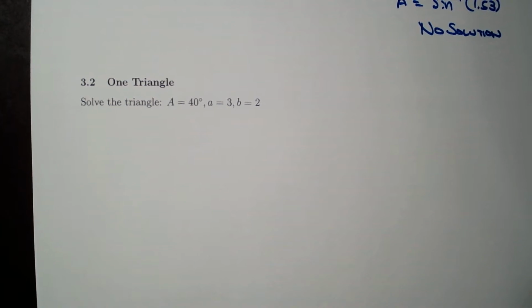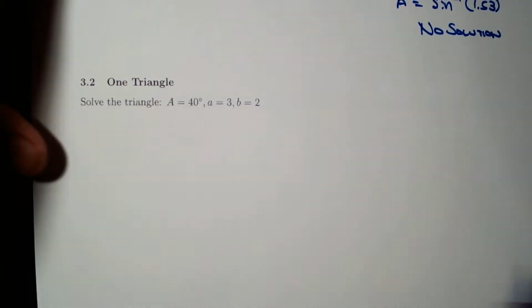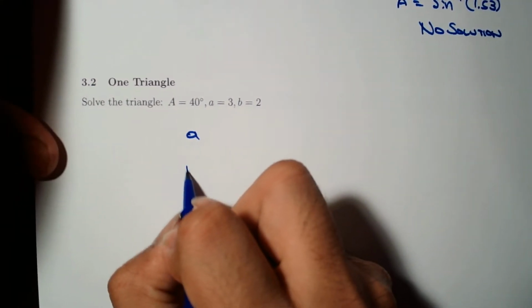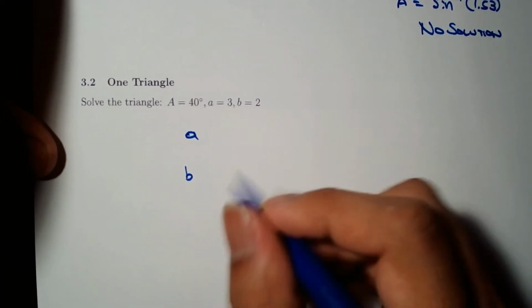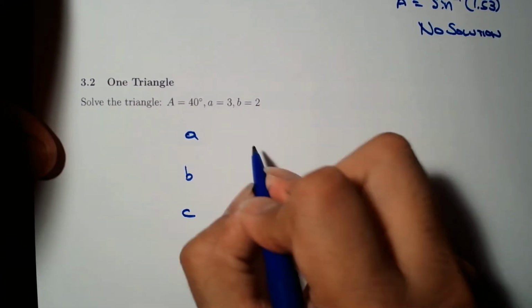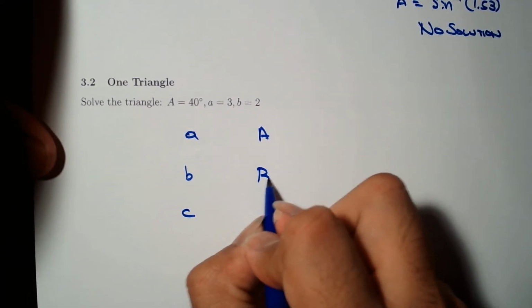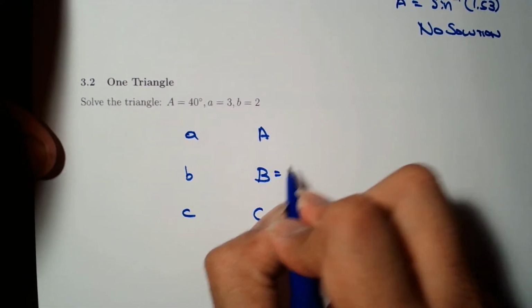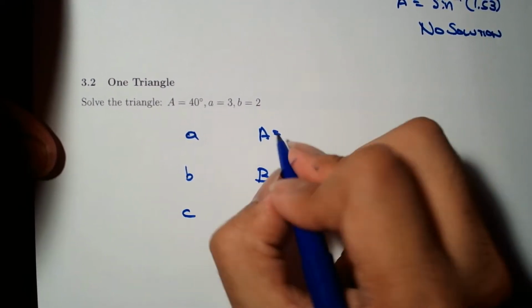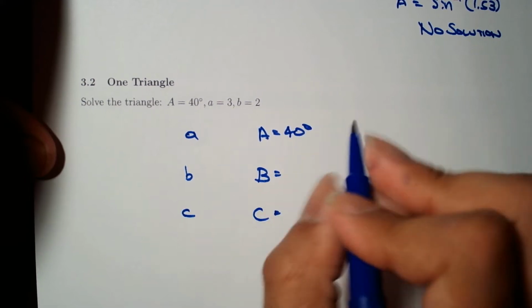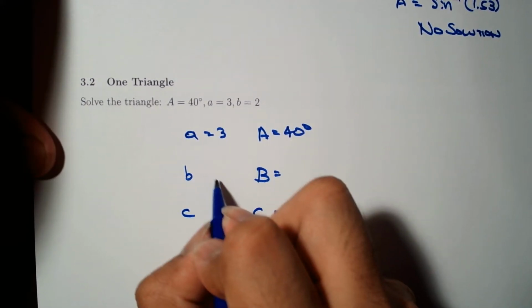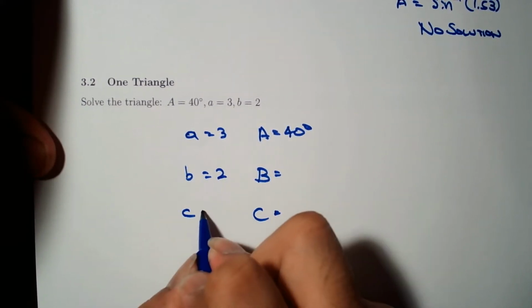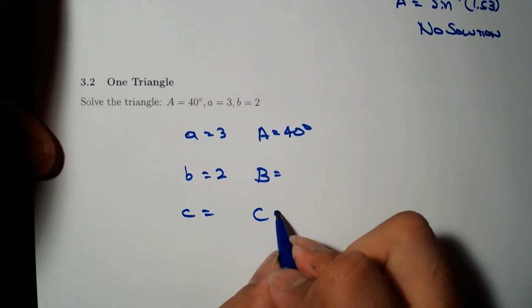Well, first of all, let's see. Side A, side B, side C. Angle A, angle B, angle C. What are we given? We're given angle A, which is 40 degrees, side A, which is 3, side B, which is 2, and side C, which we don't know.